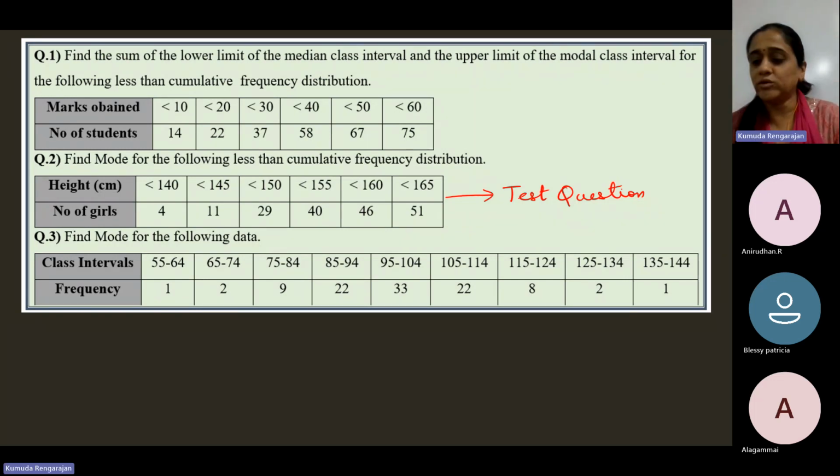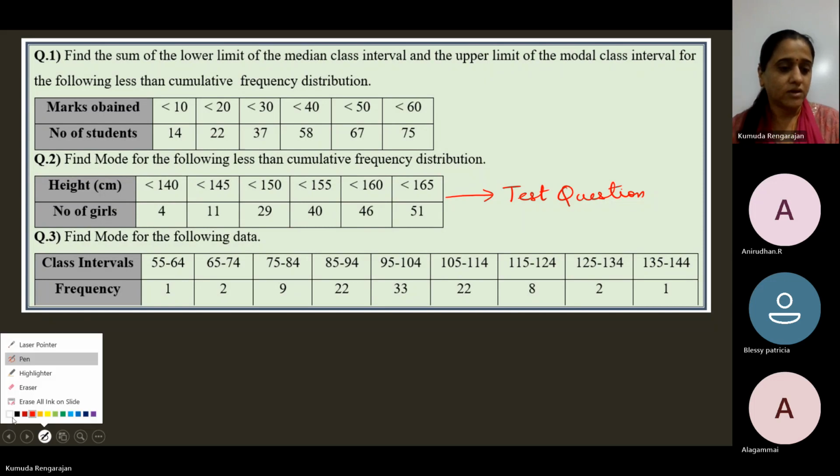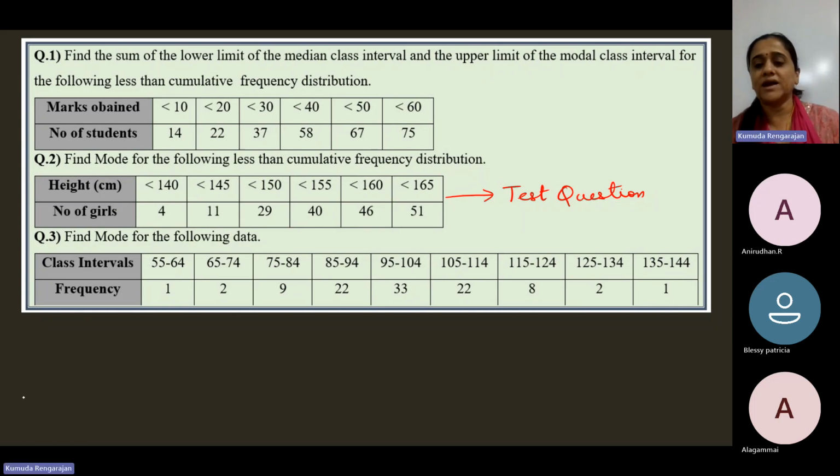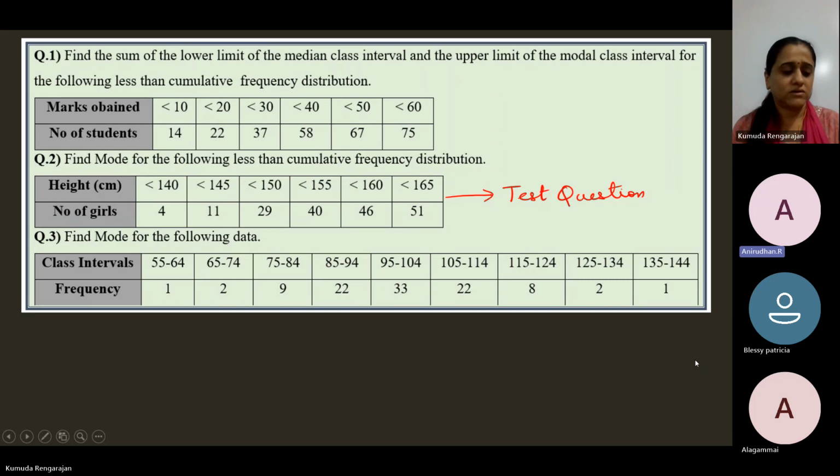Yeah, Aniruddhan, read out your class intervals and frequencies. Or Blessy, Aniruddhan and Anagamai, send a picture of your work, the 3 of you. Ma'am, I cannot send it by this tab. Blessy and Anagamai, please send your pictures. Ma'am, my parents are attending in the phone.